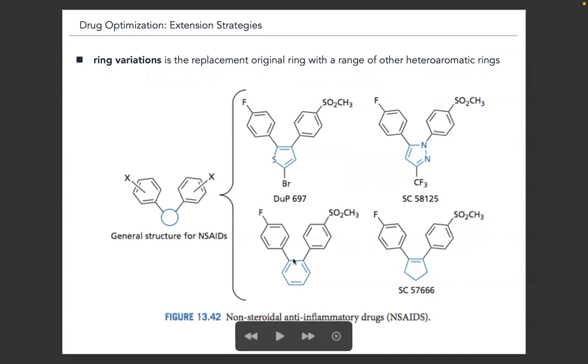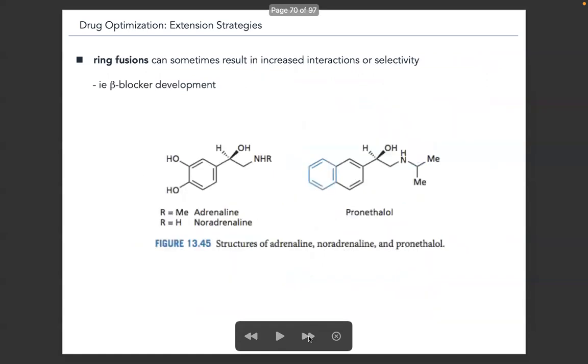So you can start to dance, let's say, a nitrogen around the ring, and you'll get more practice with that as we go. This is one that's been really common for these NSAIDs. We'll learn a little about NSAIDs as we get into some of the topics we're going to talk about a little later.